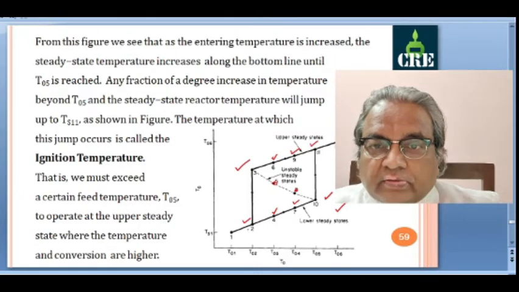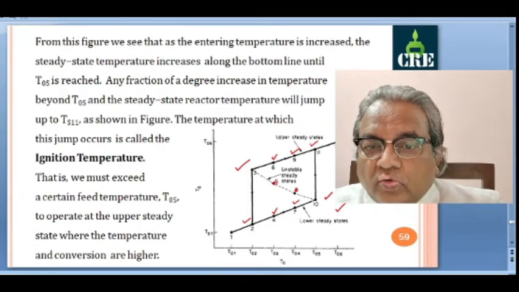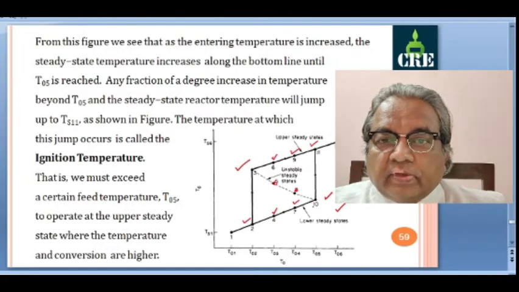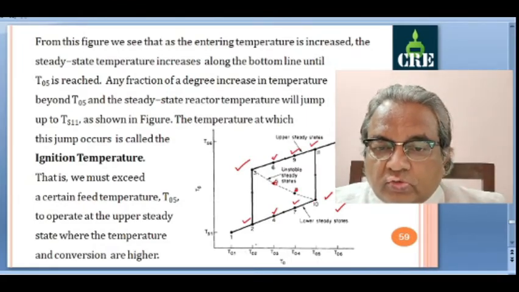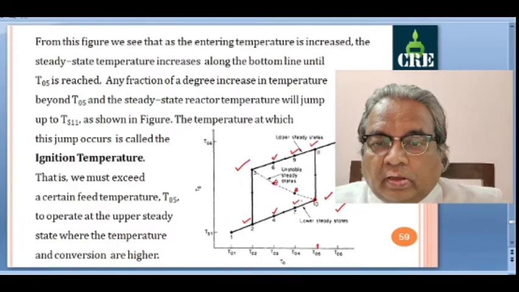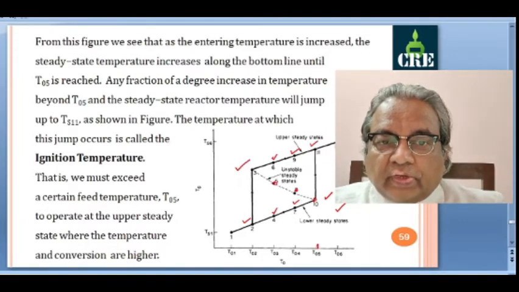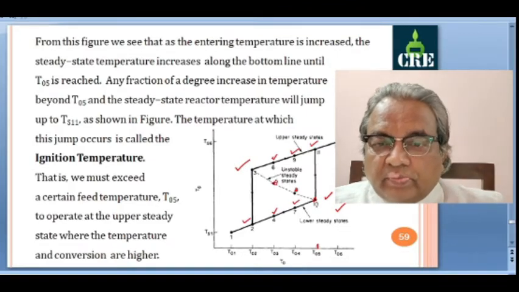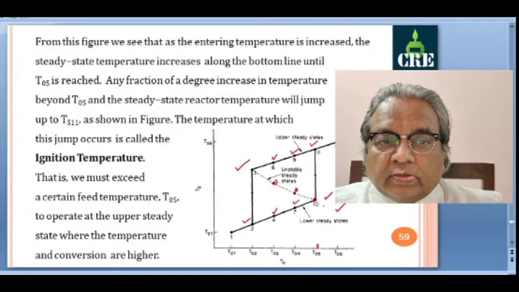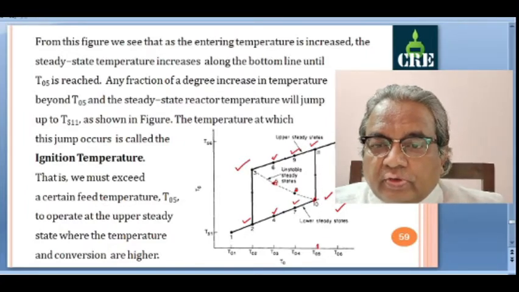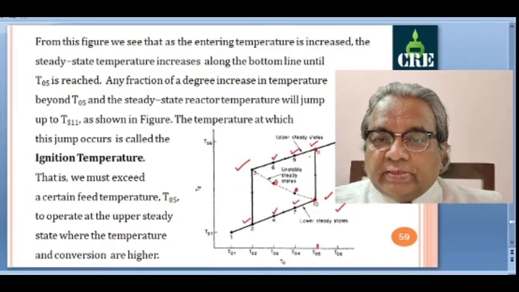Here you can see this lower steady state line we are discussing, as the entering temperature is increased from T01 to T05. T05 is here. As this is reached, any fraction of a degree increase in temperature beyond T05, the steady state temperature will jump to this value here. We don't have continuity here. So any increase beyond T05, the next steady state is at the upper steady state line.